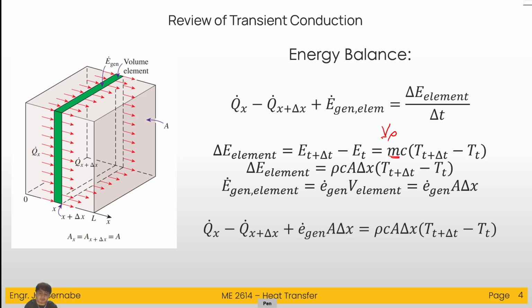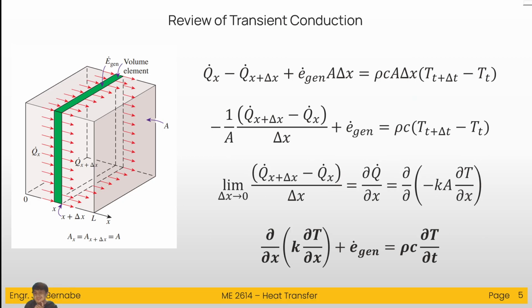The volume can be represented as the cross-sectional area times the height. So you have A delta x for the volume, multiplied by rho, which is the density. Simplifying this, you can divide both sides of the equation by A delta x.